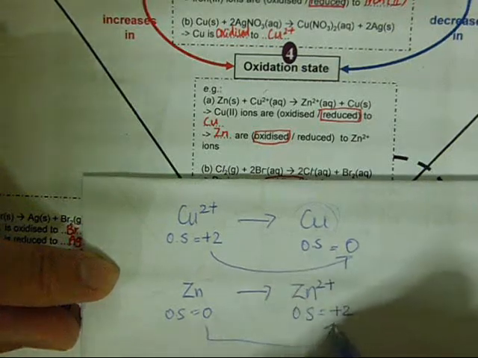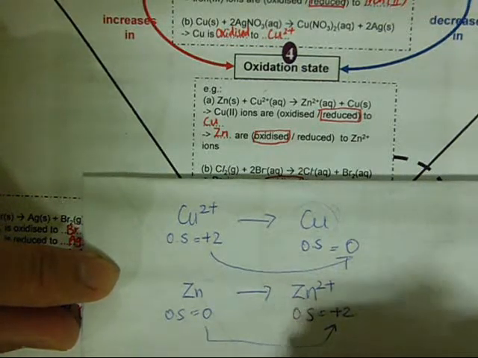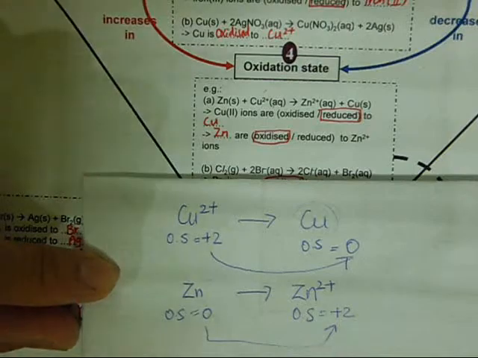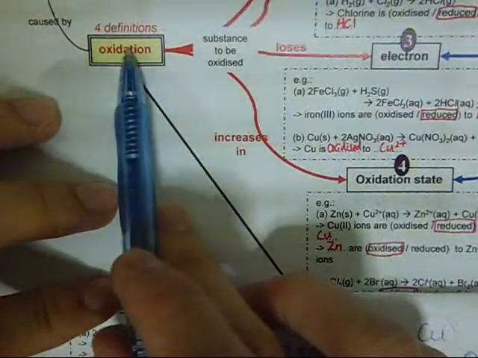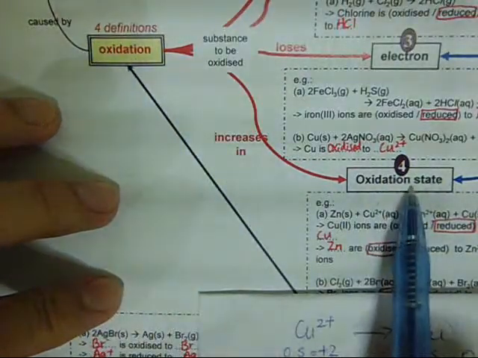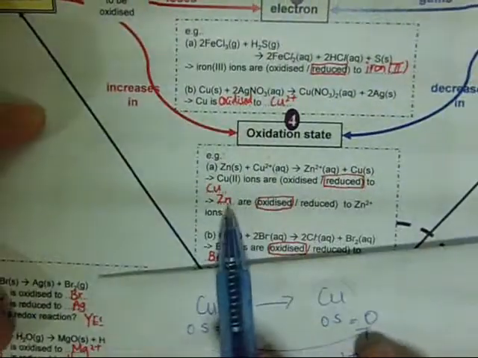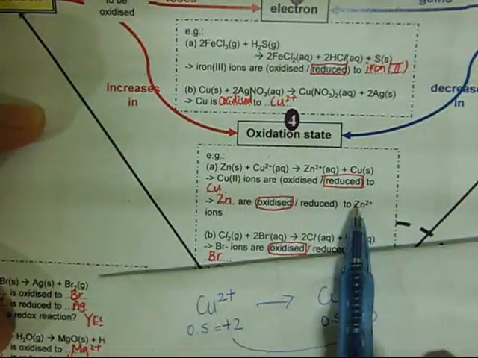So 0 to +2, there is an increase, right? Increase in oxidation state is actually an oxidation process. Therefore, zinc is oxidized to Zn2 plus.